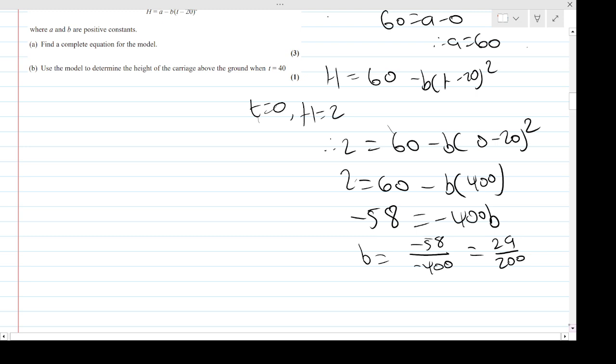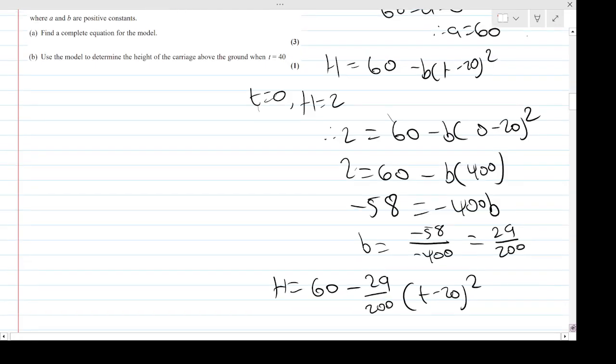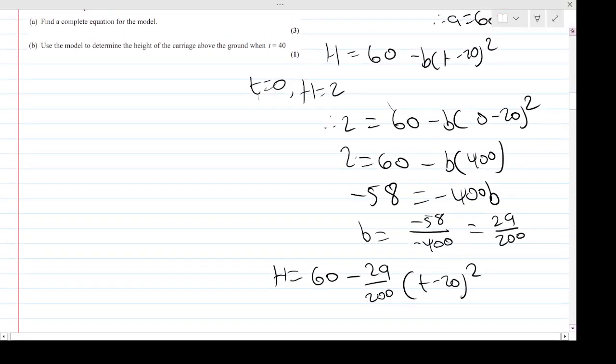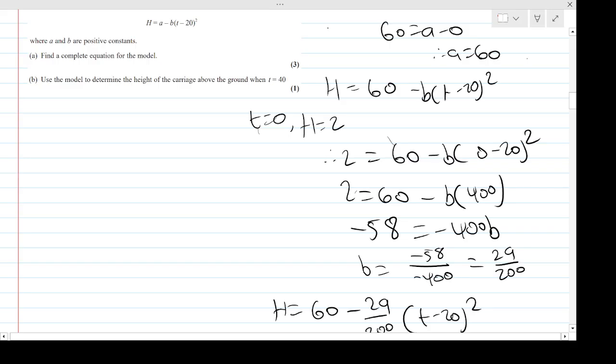Anyway, so that's B, so we've got the whole model. Now that we've found all the missing values, H is 60 minus 29 over 200, lots of T minus 20 squared. There we are. Cool, so that's part A done. Then part B says use the model to determine the height of the carriage when T is 40.